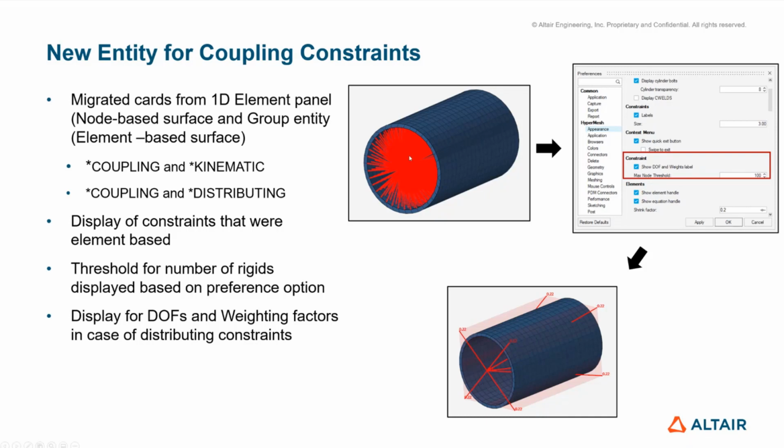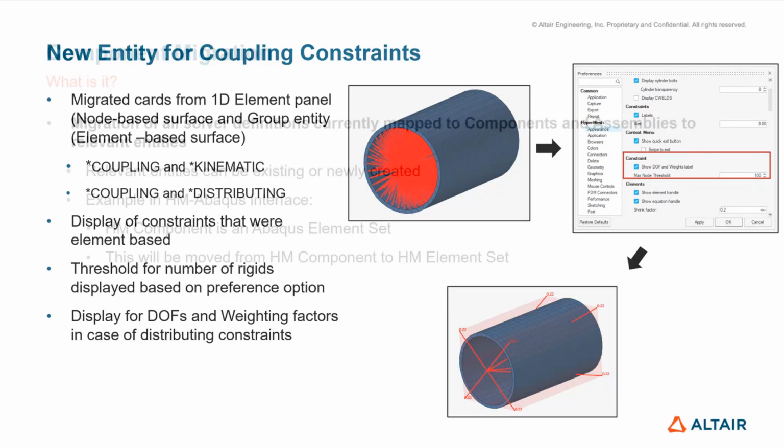In this case, if I'm doing it on the model with more number of nodes or element faces that are connected, you would see as many weight labels. Again, that could be cluttered. So, to get a fair idea, you can have a more clear view with the preferential option.